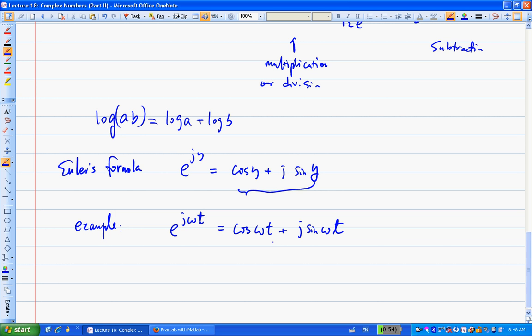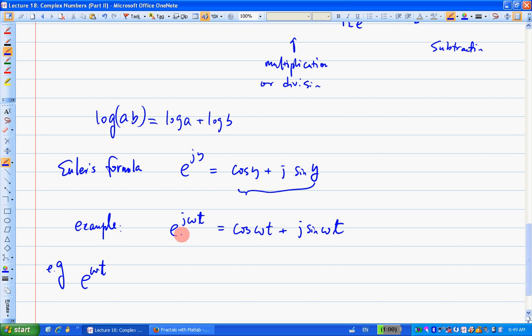Now let's see, what does e to the power of omega t give you? What will be the graph of e to the power of omega t? Let's say omega is a positive number. It's going to grow quickly, so exponentially growing, essentially.